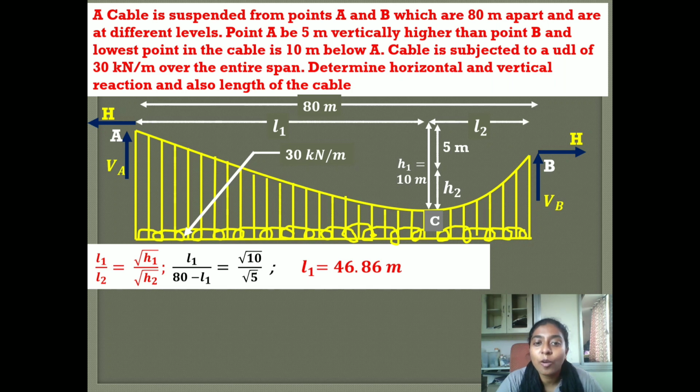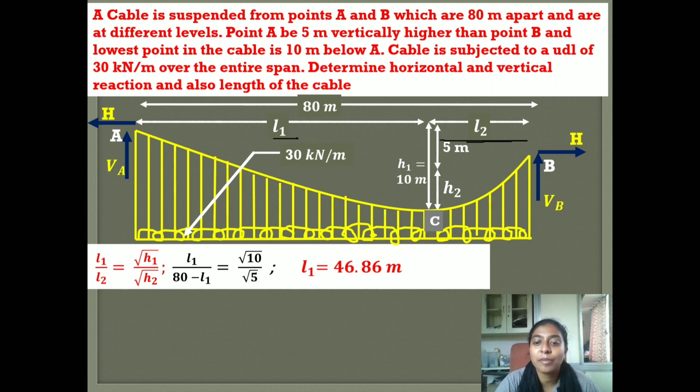So we take L1 as the horizontal distance from A to the maximum dip, and L2 is the horizontal distance from B to the maximum dip.